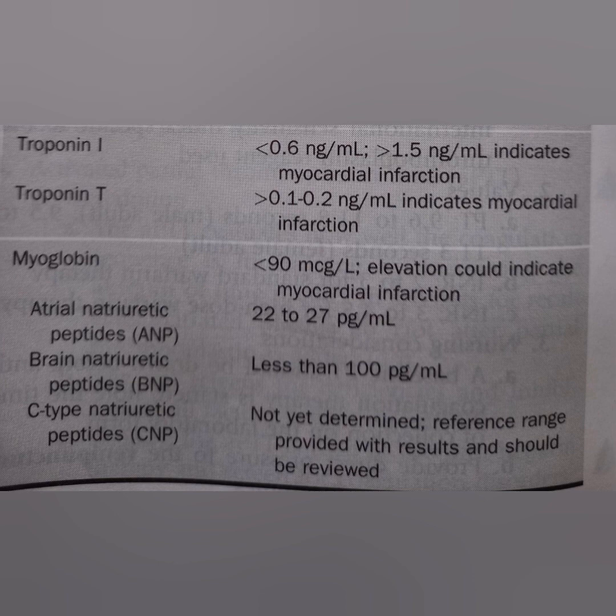Third is C-type natriuretic peptide, synthesized by endothelial cells, and its value is not yet determined. These three natriuretic peptides are mainly helpful for identifying clients with congestive cardiac failure. If BNP, brain natriuretic peptide, is high, it indicates severe congestive cardiac failure.